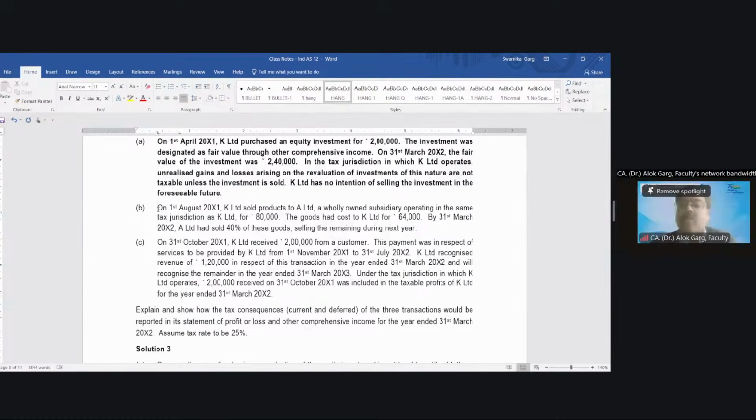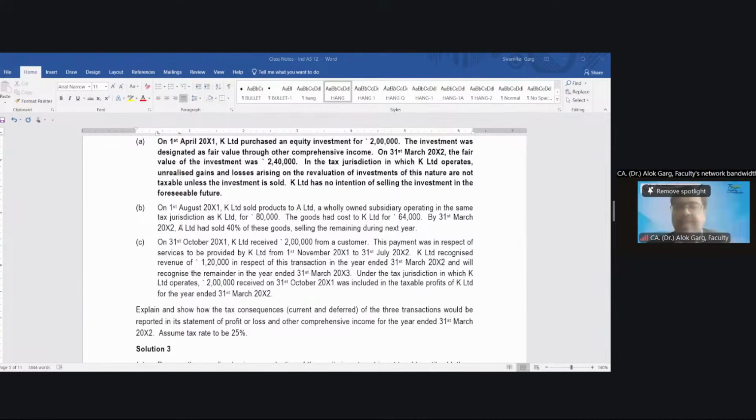Both are operating in India, the same jurisdiction. The goods had cost K Limited 64,000. So K Limited sold goods for 80,000. The cost of the goods is 64,000.